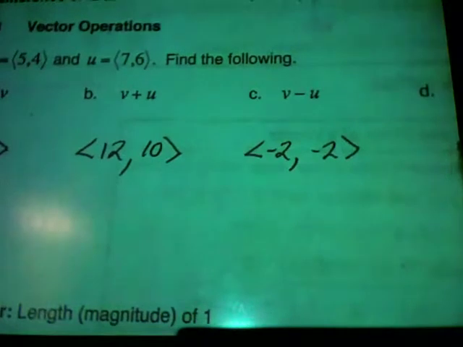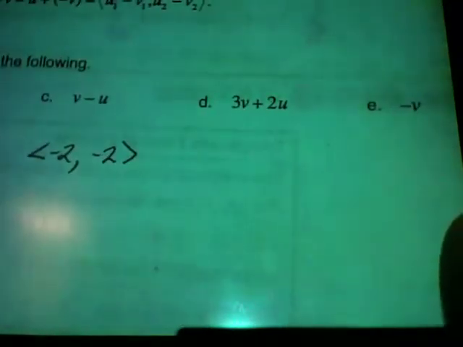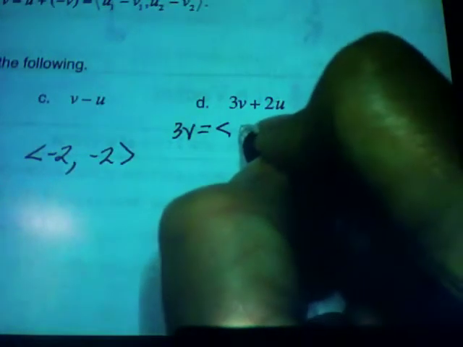So for this one, you might have to do some interim work because you've got scalar along with addition. So if I were you, I would multiply vector v by 3. So 3v equals, what's 3v? Which ordered pair? 15 and then 12.